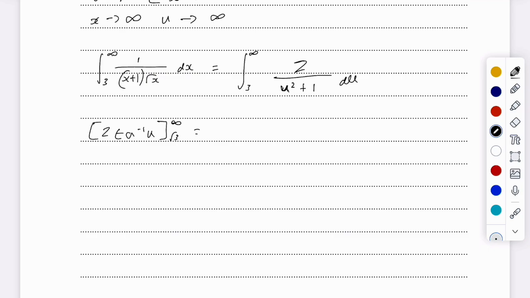So we can say, then we'll get 2 times pi over 2 minus 2 arctan root 3. Right? Now these are going to cancel. So therefore we get pi minus 2 pi over 3, which equals what?